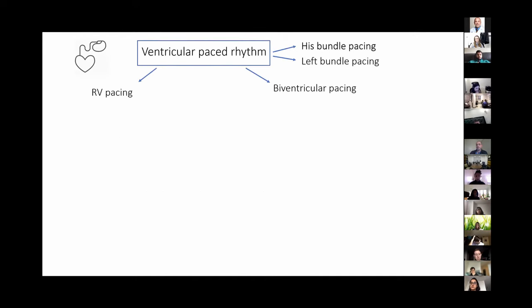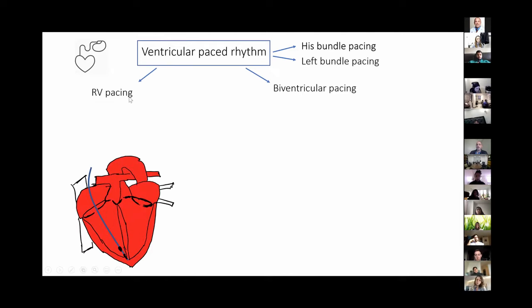Ventricular paced rhythm that will produce your wide QRS complex is essentially RV pacing, and it's the same concept as I told you for a PVC coming from a certain place in the heart. You have pacing from here, you generate a wide complex because it really behaves as a PVC.